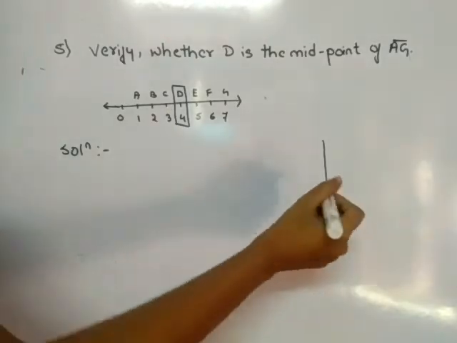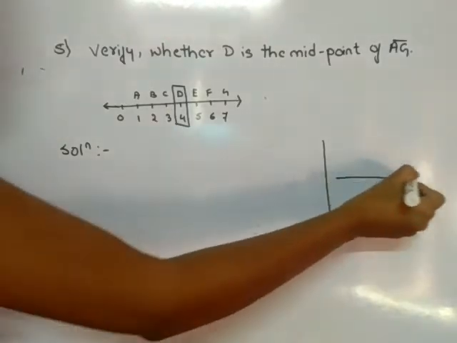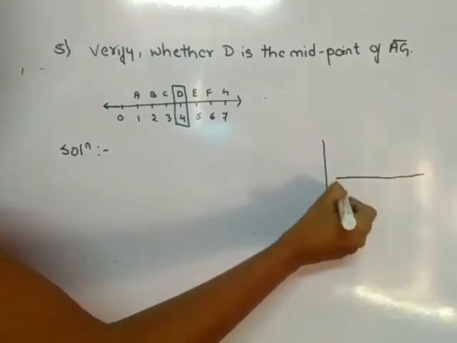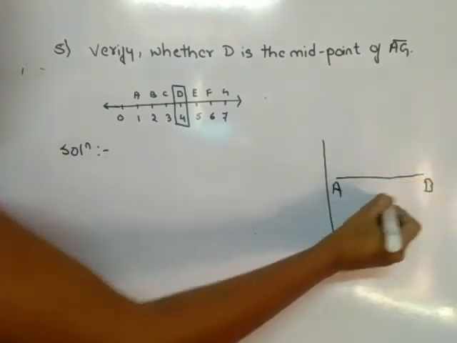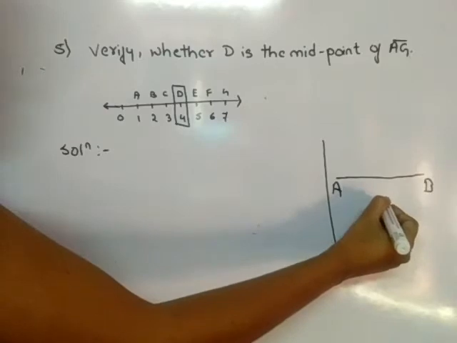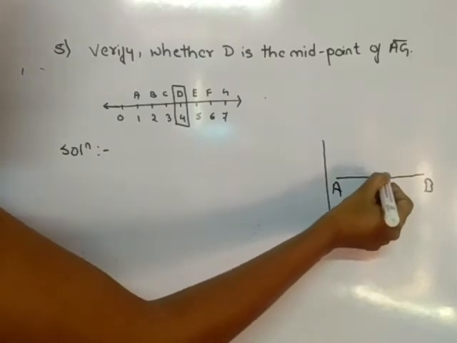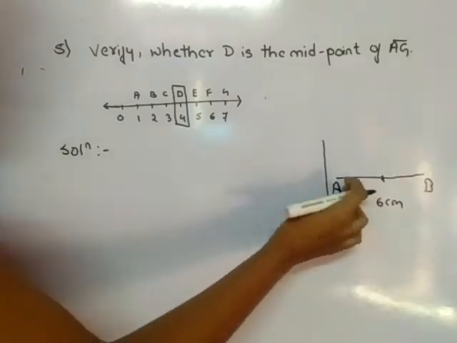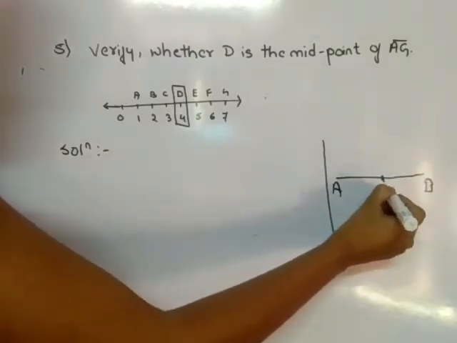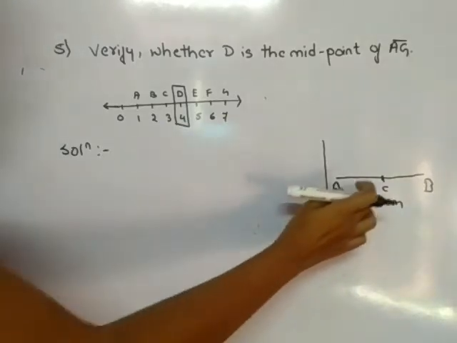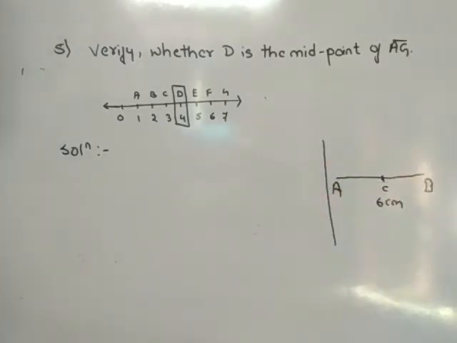To show that, here I am going to take one example. Let us consider this is the line segment A and B. Right? The length of this line segment is of 6 centimeter. Okay. Then, if I put a point which is a midpoint to the line AB, I will name it as C. C is the midpoint for the line AB. Right?